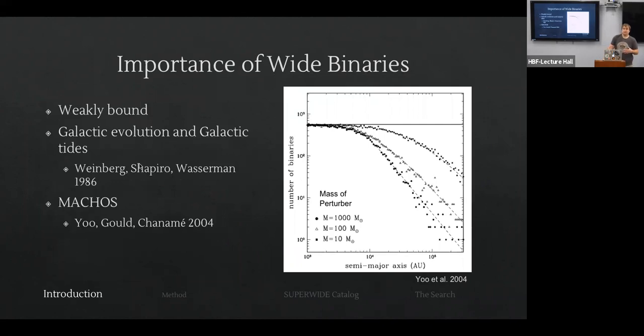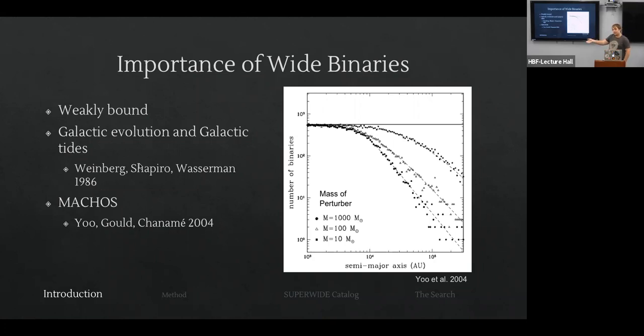So the argument is, if you have these wide binaries that are forming, and you have these perturbers just sitting around that you can't see, the wide binary should be affected by them as it goes by. Depending on the mass of the MACHOs, the maximum separation that a wide binary can achieve would be affected.